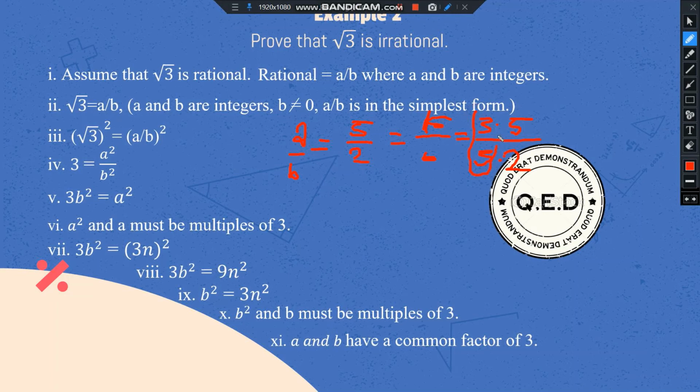So this is a common multiple, but we said that a and b are written in their simplest form, so therefore it's a contradiction here. So this has been proven to be true. So root of 3 is in fact irrational.